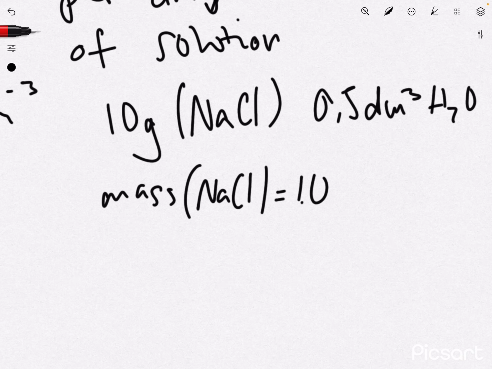So let's convert this to cubic decimeters, and we know that our volume is 0.5 dm3.